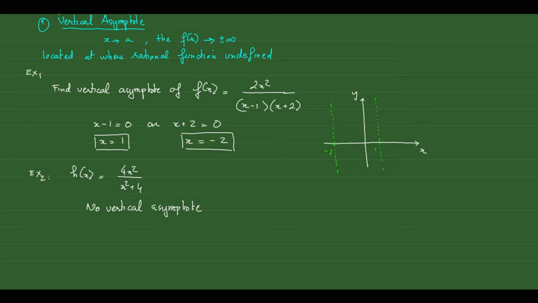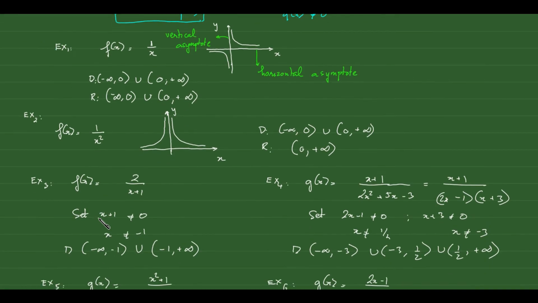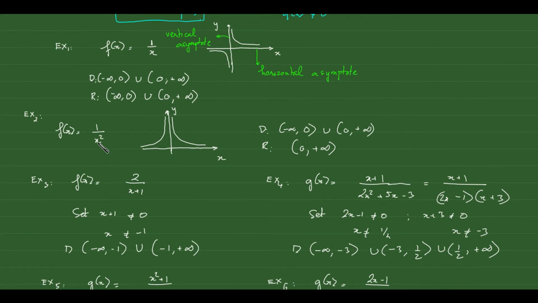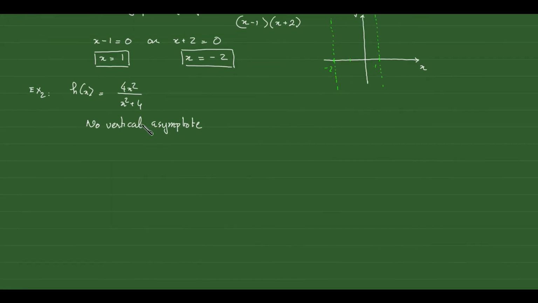It's different from the previous one, because over there the denominator is 0 and the function is undefined. But here, at 0, 0 squared plus 4 is still defined. So there's no point that makes the function undefined. It means that we don't have any vertical asymptote, since x squared plus 4 is always greater than 0. This is true.